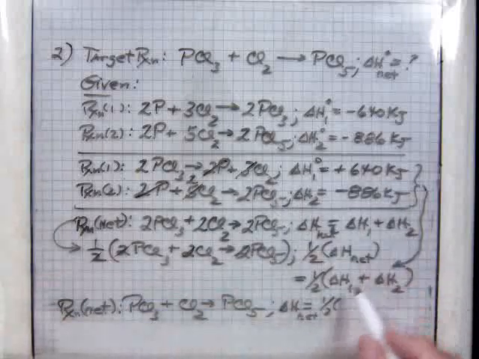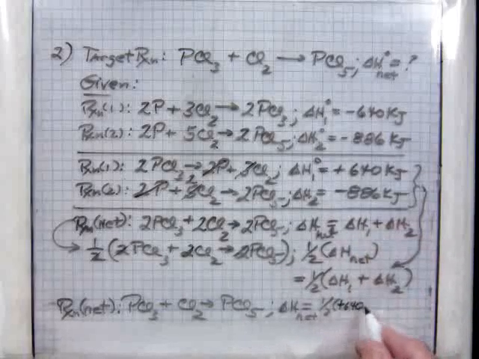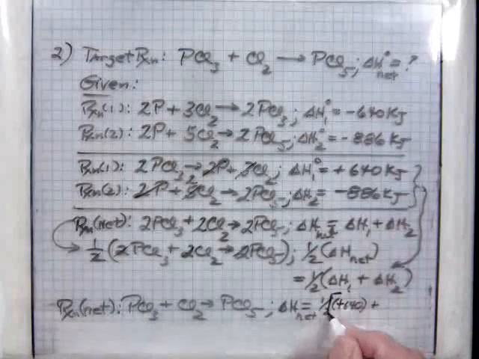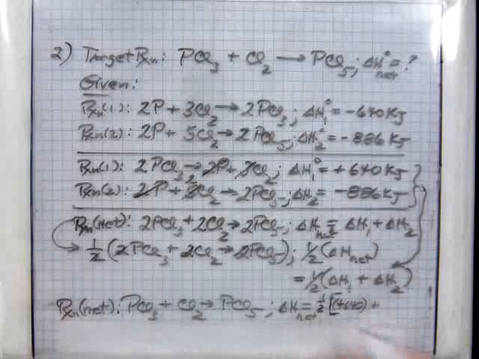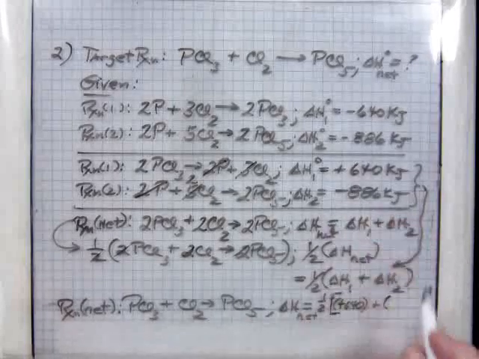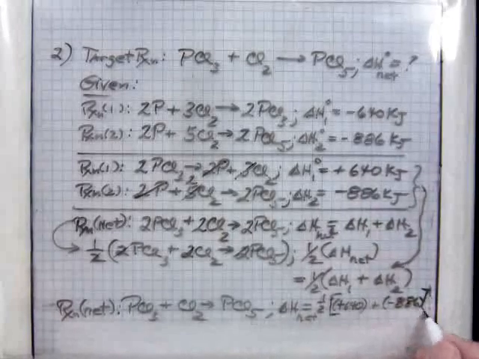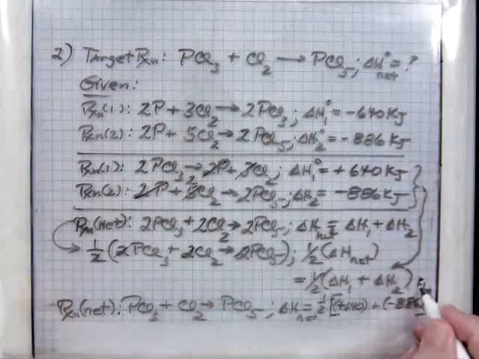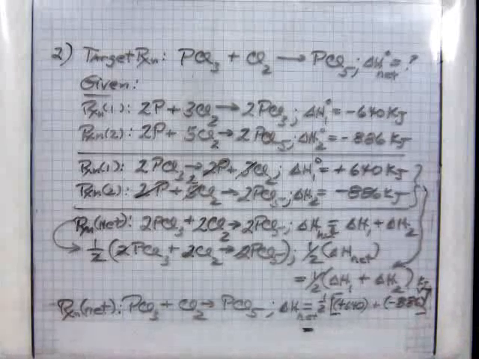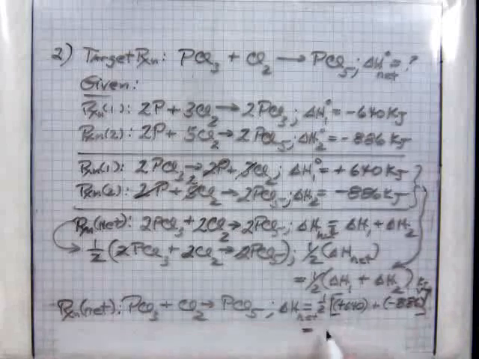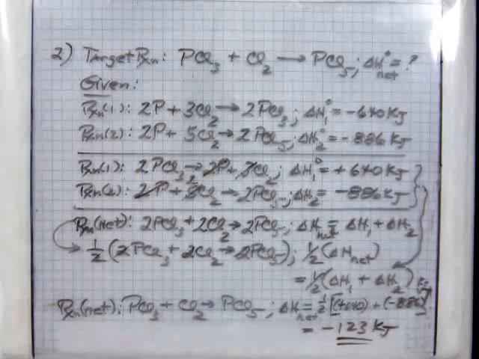So that would be a plus 640 plus, trying to get all the embellishments in here, 640 plus a minus 886, and of course that's all in kilojoules, and that net comes out to a minus 123 kilojoules for that net reaction.